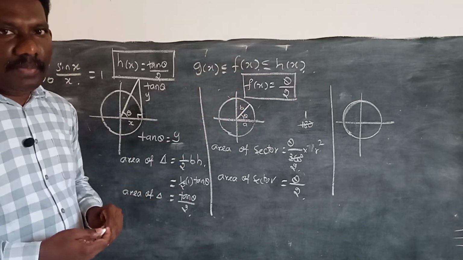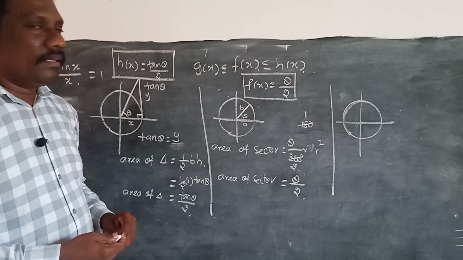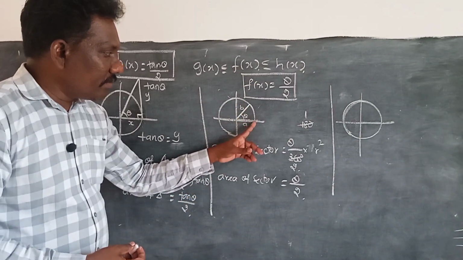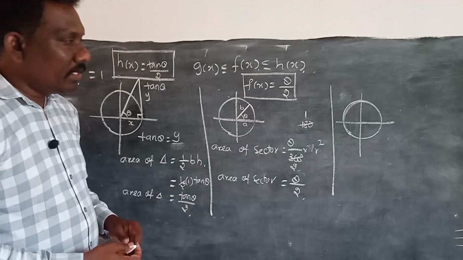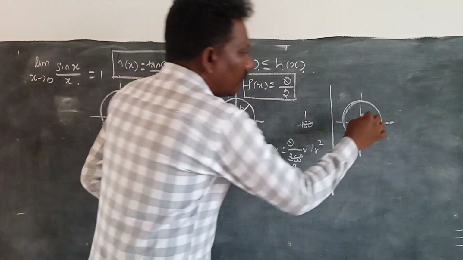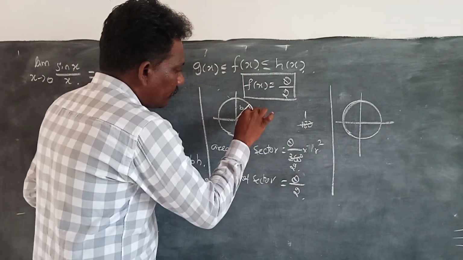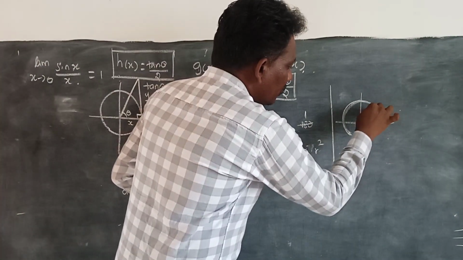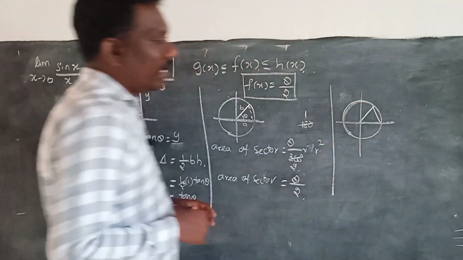So g of x needs to be a smaller shape than f of x, which means we have a sector as f of x, and smaller than the sector we can have an isosceles triangle.